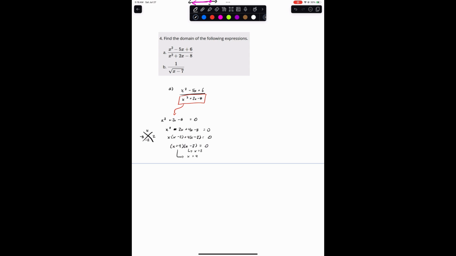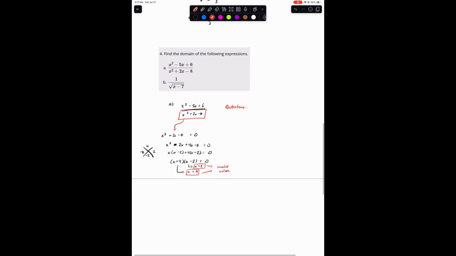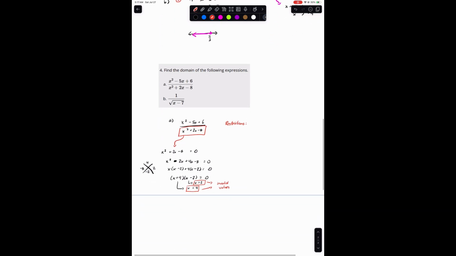But remember that these solutions are for the denominator. That means these values are invalid values, right? So we want to exclude them, and note that our restrictions are the opposite of what makes it 0.